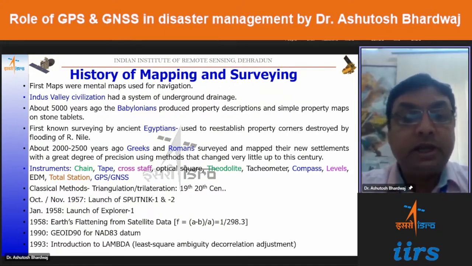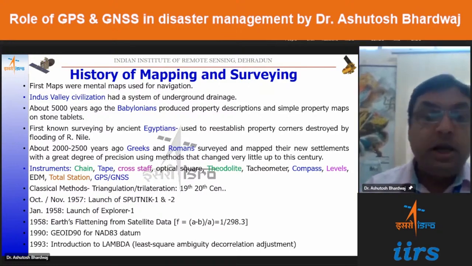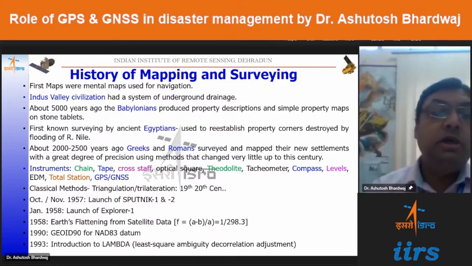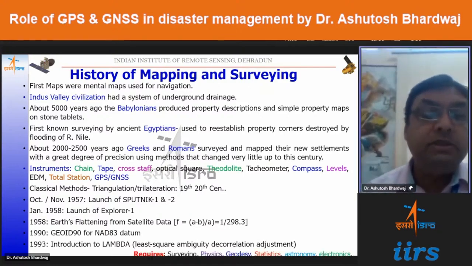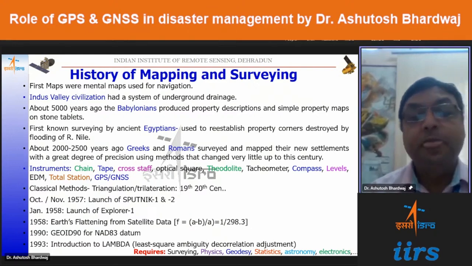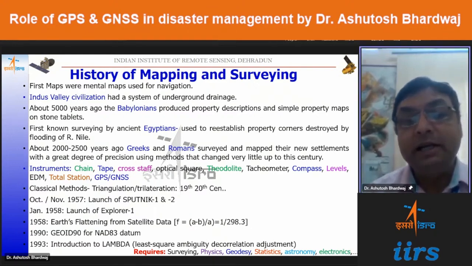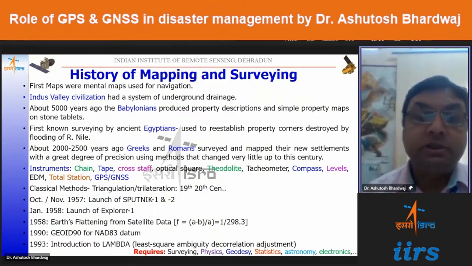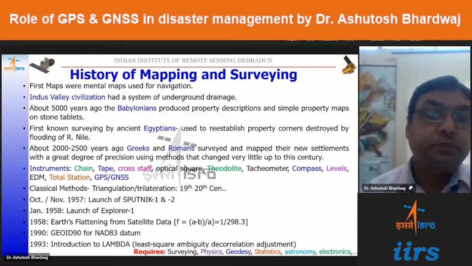So various surveying equipment have been developed, and in that series of developments, GPS is another surveying equipment, developed with the help of the satellite-based navigation scheme.